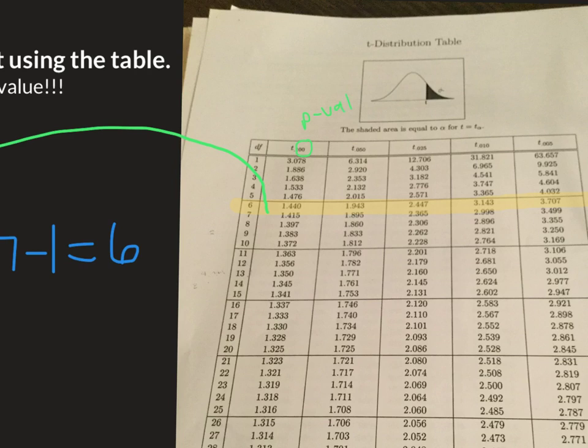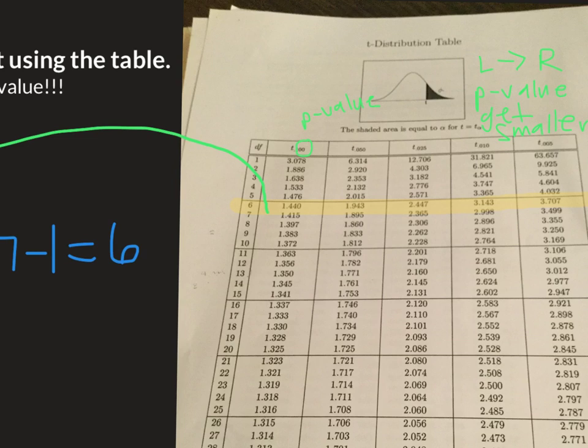Notice that as we go left to right, the p-values go down. p-values get smaller. It goes from 0.1 to 0.05 to 0.025 to 0.01 to 0.005.